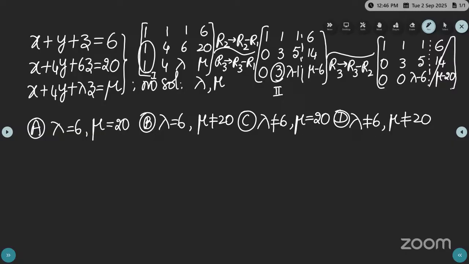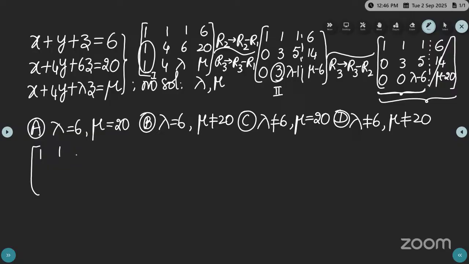If you take the entire thing, you are getting the rank of the augmented matrix. If you consider only these three columns, you get the rank of the coefficient matrix. Now, let us verify the options.